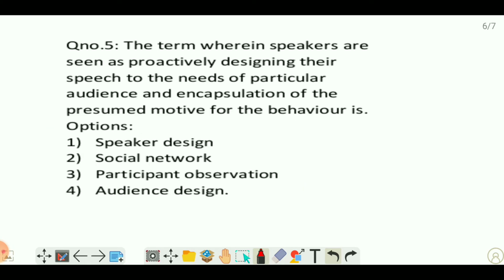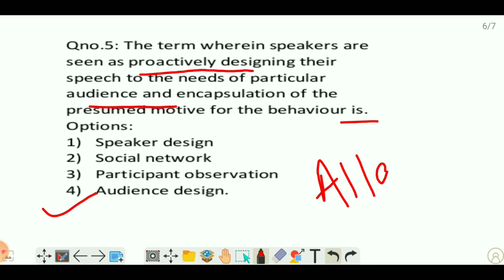Moving on to question number 5. The term wherein speakers are seen proactively designing their speech to the needs of a particular audience, and an encapsulation of the presumed motive for the behavior, is audience design. This concept was given by Alan Bell in 1984.